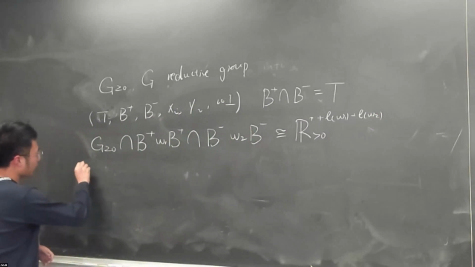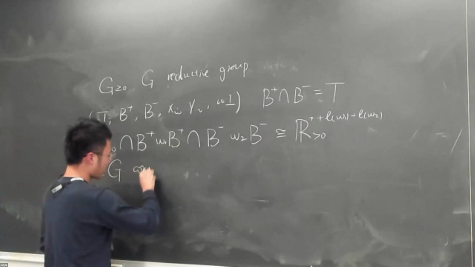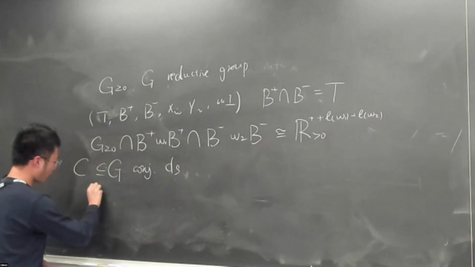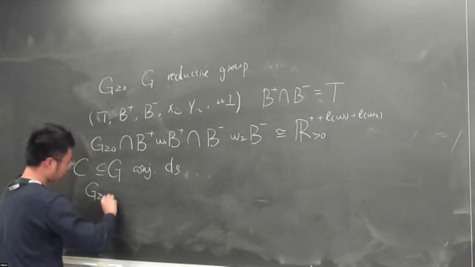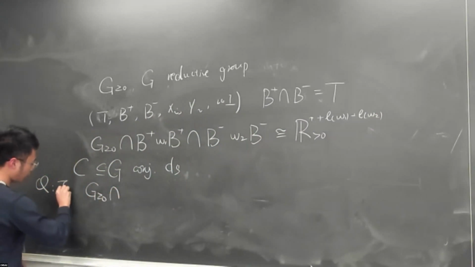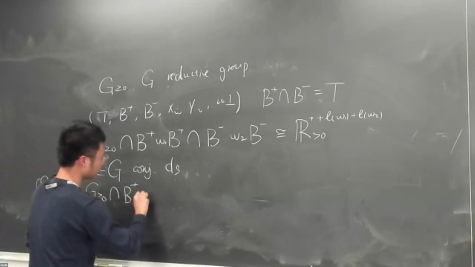So now I want to look at C, a conjugacy class in G, and I want to ask the question: I want to look at the topology of this intersection.